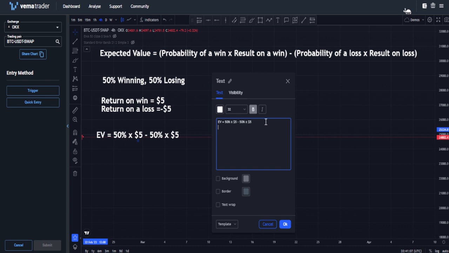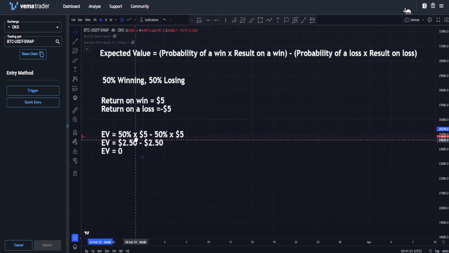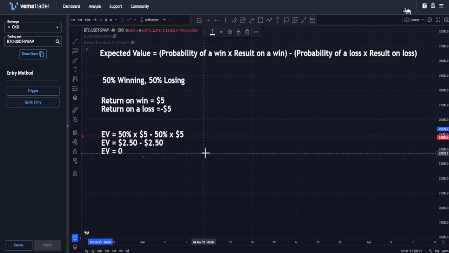So then we can just go EV is equal to $2.50 minus $2.50, which means our EV is equal to 0. So we've just proved what we thought, that if we play this game enough times, we're actually just going to end up right where we started.